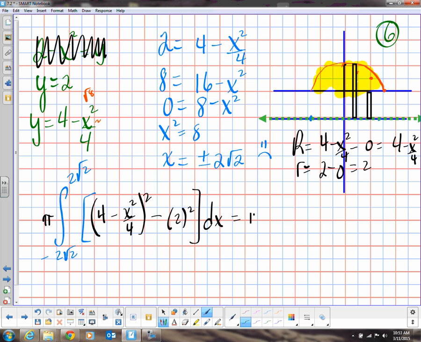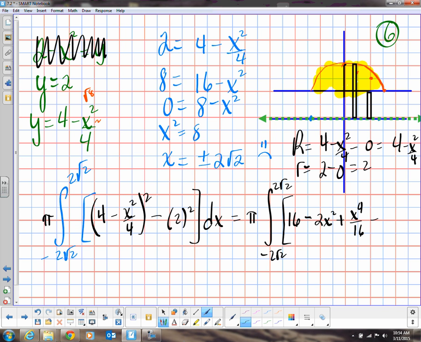So this is going to be pi times the integral from negative 2 square root of 2 to 2 square root of 2, and we had to FOIL that, didn't we? So that's going to be 16. And then when you multiply these together, the 4's cancel. So it's going to be minus 2x squared. And then when we square that, we're going to have positive x to the 4th over 16, yes?